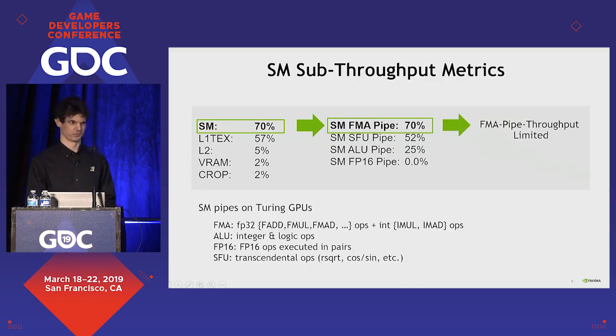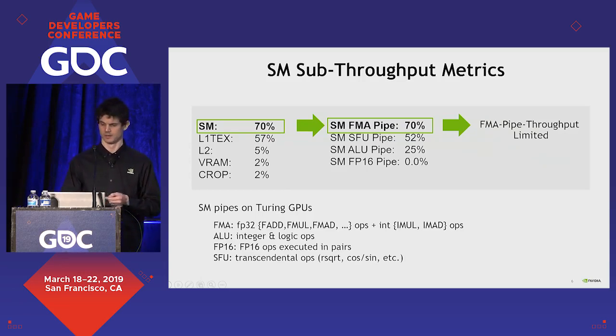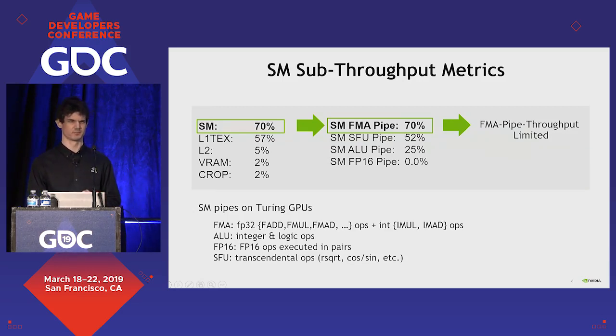And the FMA pipe on Turing GPUs means, well, it's executing FP32 add, mul, mads, or other types of FP32 non-transcendental ops, and possibly also integer mul and add ops can also be executed on FMA. So if you find what are the most commonly used such instructions in your shader and you remove them, you will very likely see a speed up.